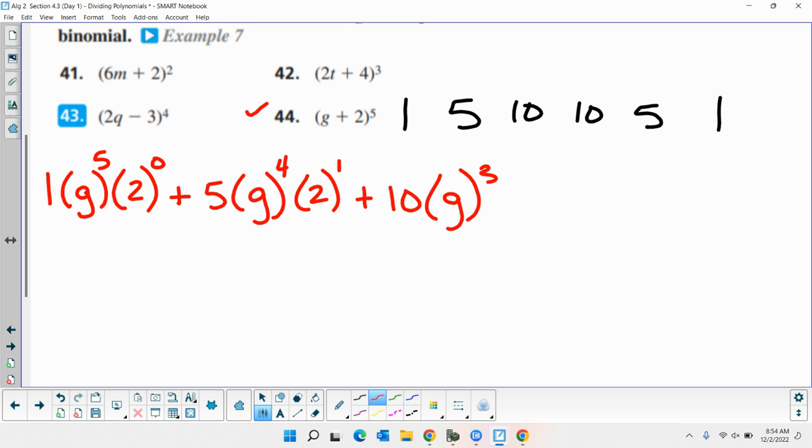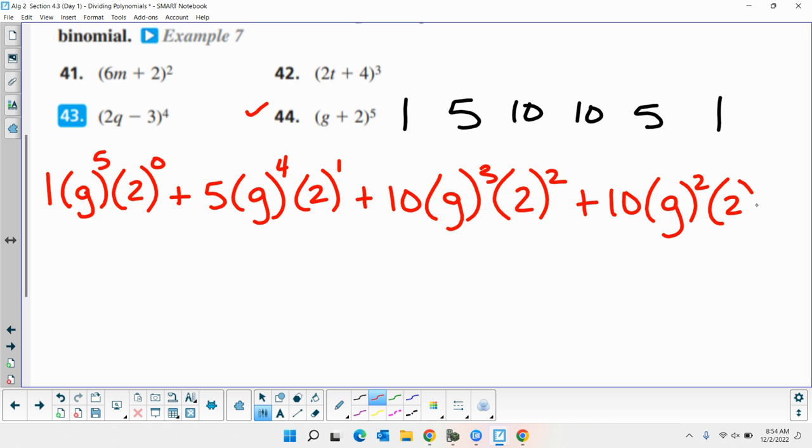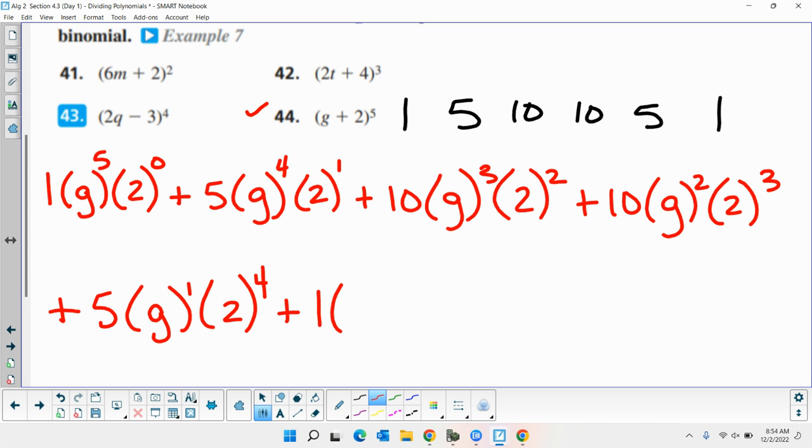G to the 3rd, 2 to the 2nd, plus 10. G to the 2nd, 2 to the 3rd, plus 5. G to the 1st, 2 to the 4th, plus 1. G to the 0, 2 to the 5th.